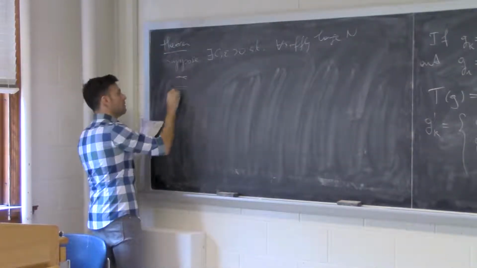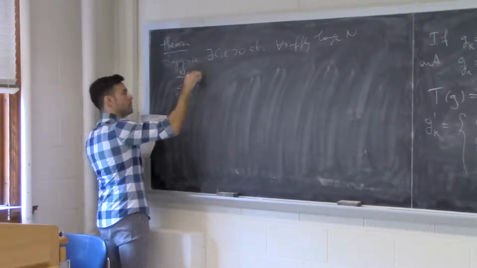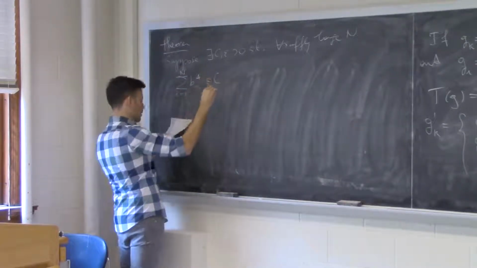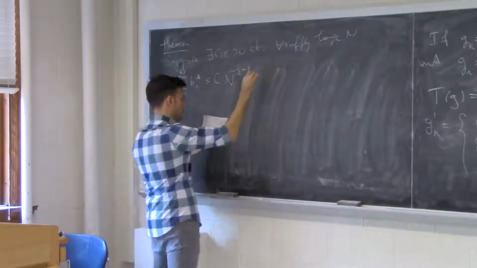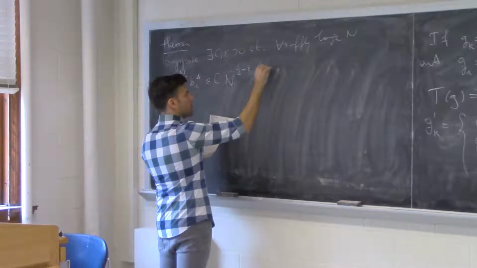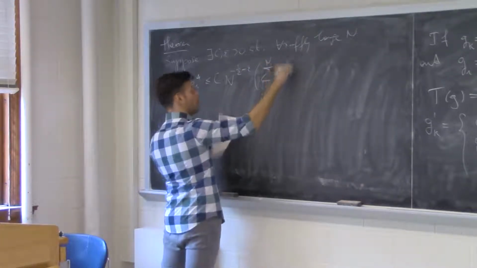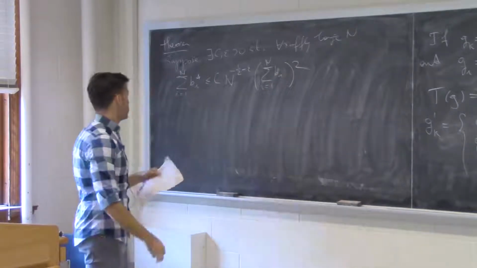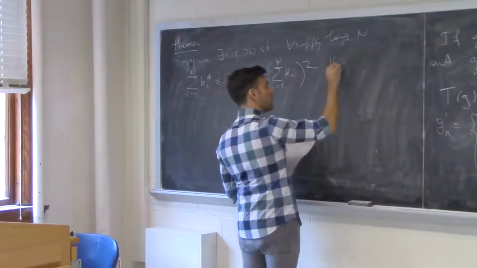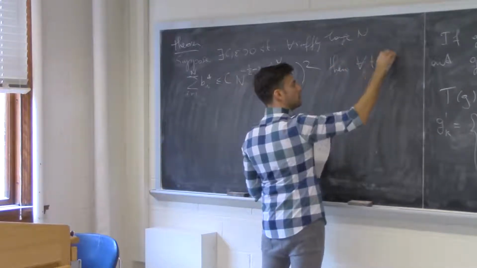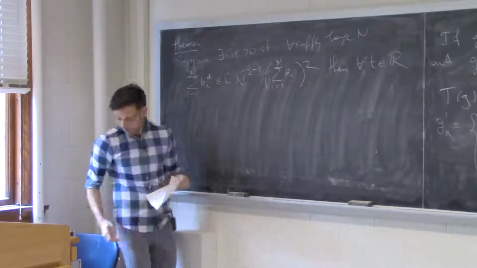Let's say the sum for i from 1 to n of the bi to the power 4 is less than or equal to a constant times n to the power minus a half minus epsilon, so it's small, times this, which is big, the sum of bi squared. So there is some growth condition essentially on the b's. Then for every t in the real line, you have the following central limit theorem.